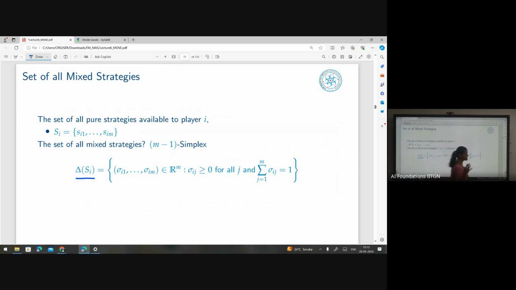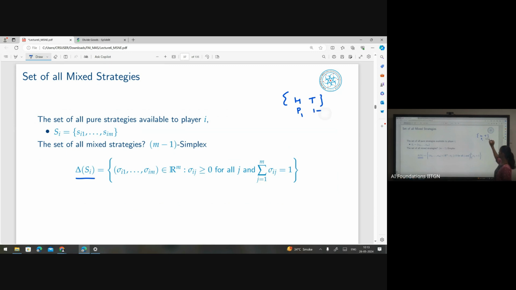Have you heard of a simplex before? Okay. So the idea is, let's say the agent had only 2 pure strategies, H and T. Now it is trying to assign some probabilities. If it assigns probability p to H, then with what probability will it play T? 1 minus p.